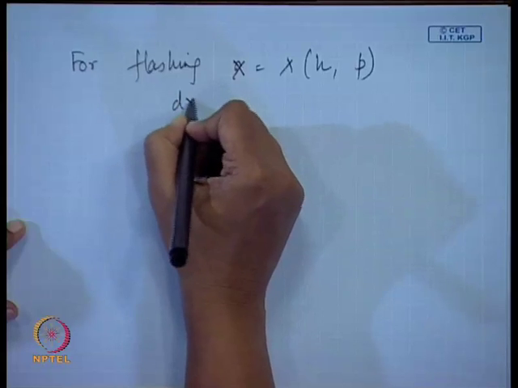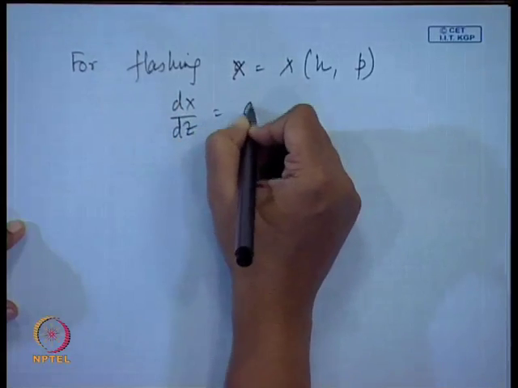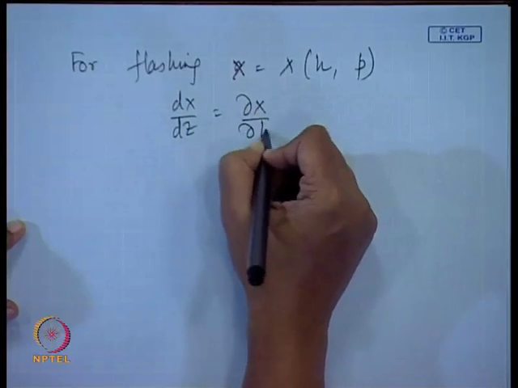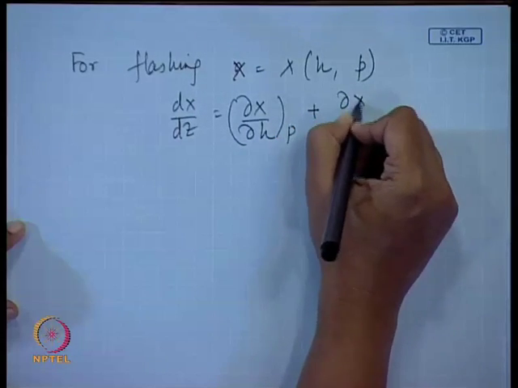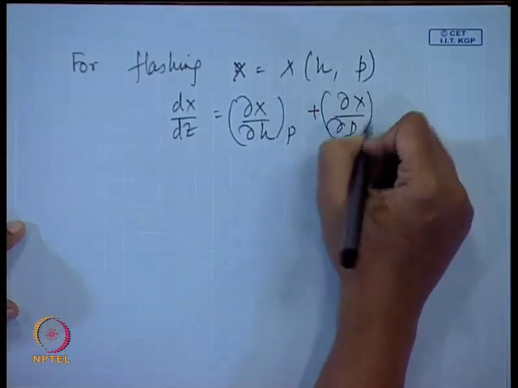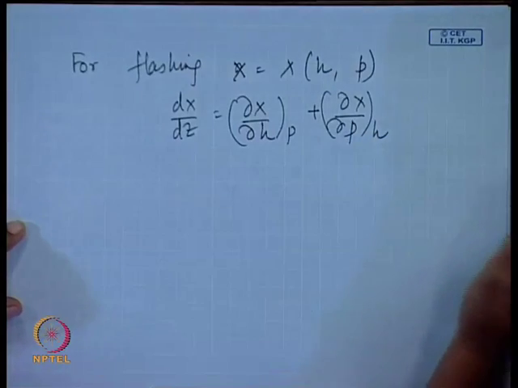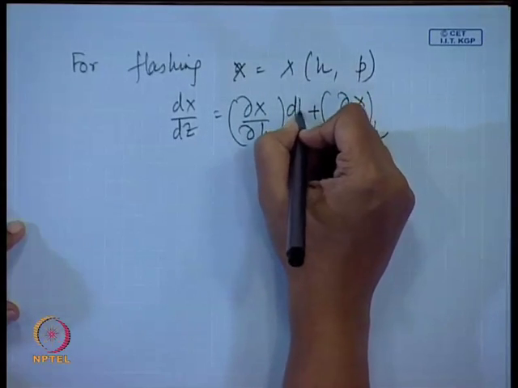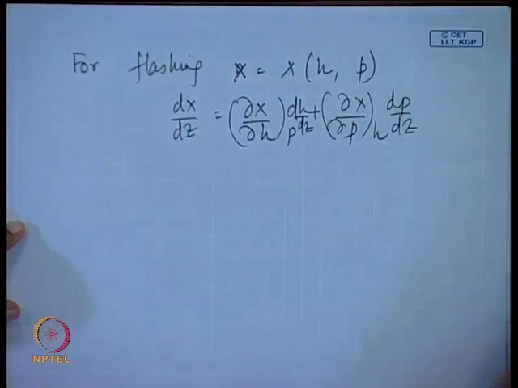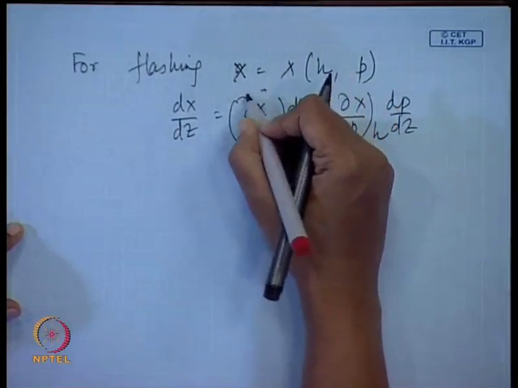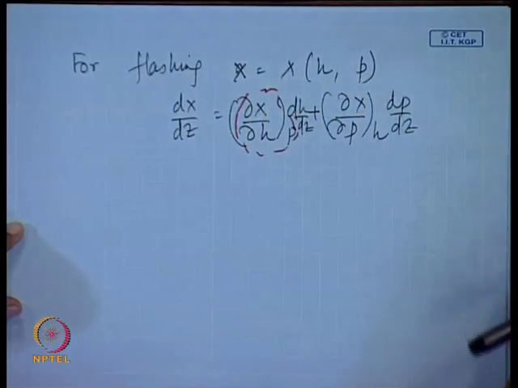Or in other words, dx dz, just like I had written down in the previous class, is del x del h at constant p dh dz plus del x del p at constant h dp dz. What is this term, del x del h at constant p?